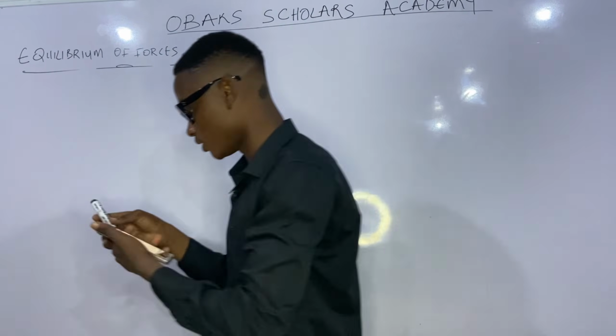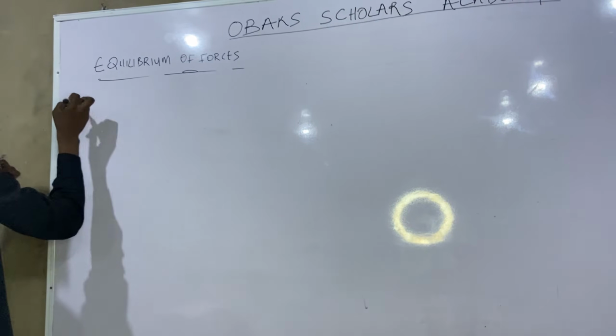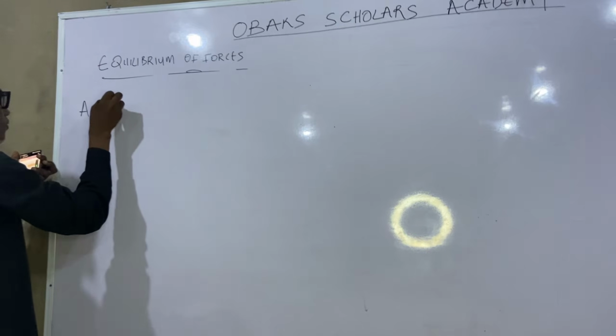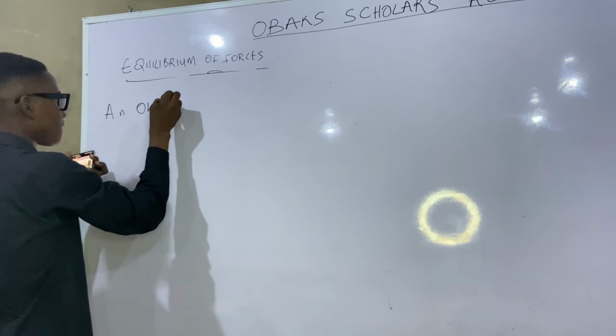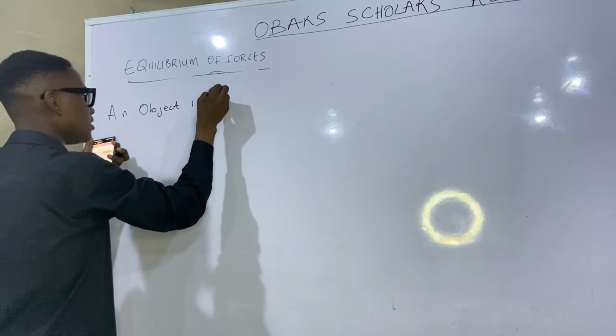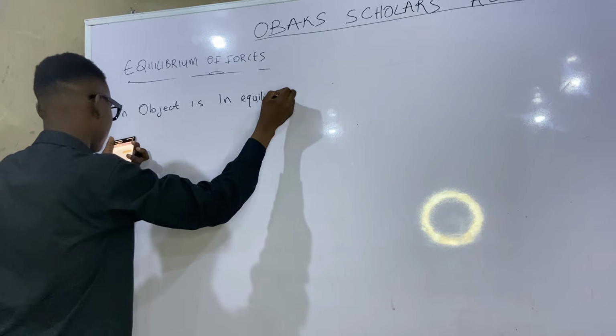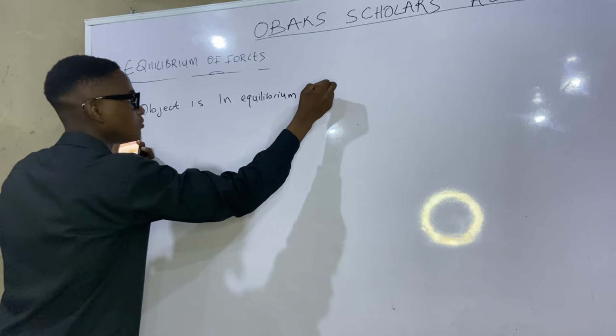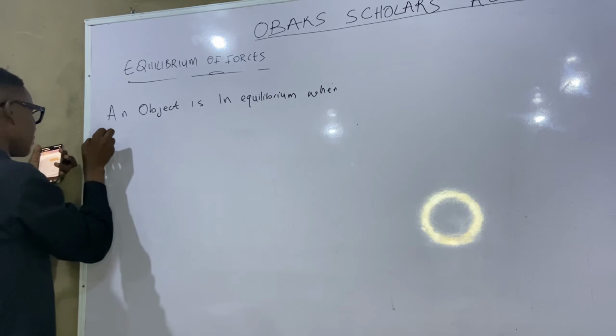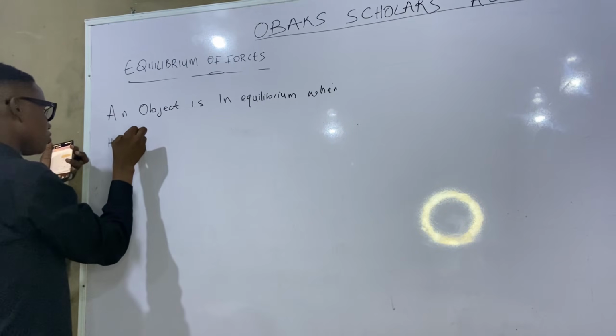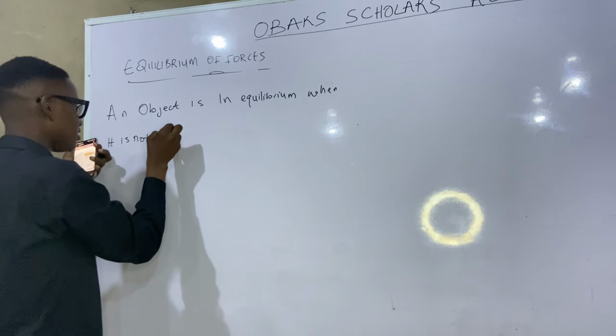So let me write it down. An object is in equilibrium when it is not accelerated.